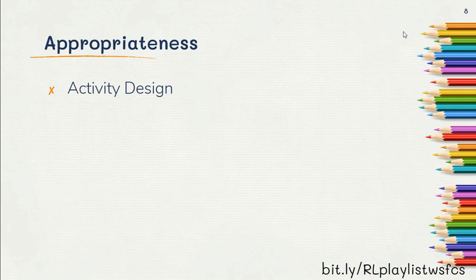We don't want to roll out new pieces of technology or new strategies in those playlists without first modeling them during some type of synchronous instruction, because rolling out a new piece of technology or a new strategy without modeling may cause a great deal of confusion for our students.